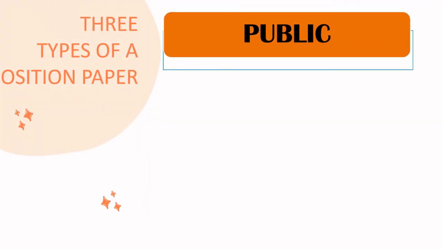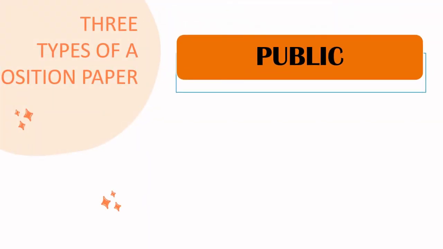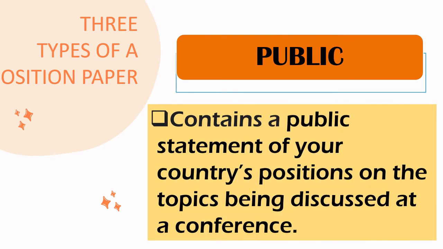And the last type of position paper is the public position paper. It contains a public statement of your country's positions on the topics being discussed at the conference, and it should include brief statements about where your country stands on the issue in question.